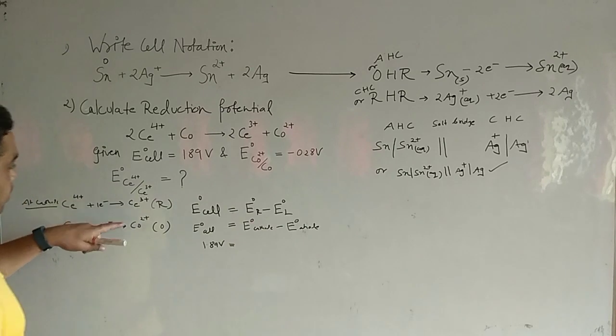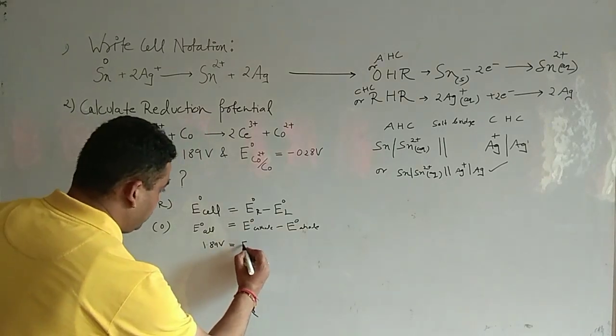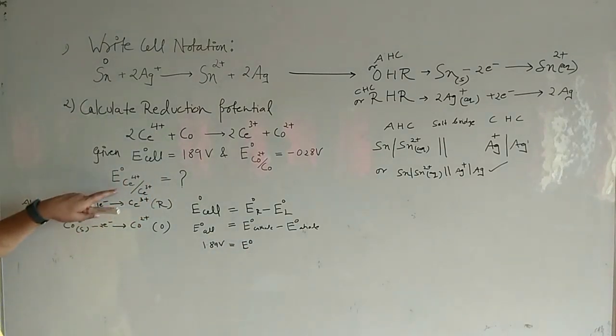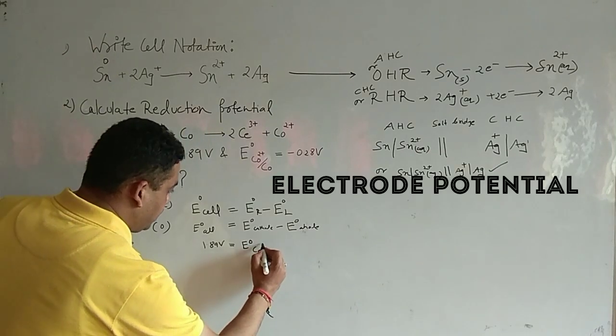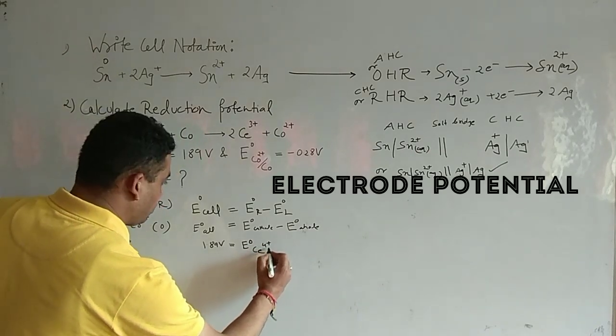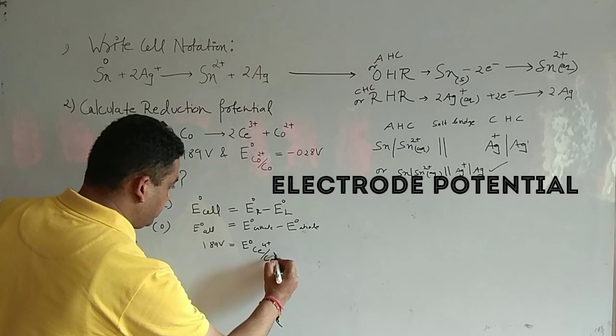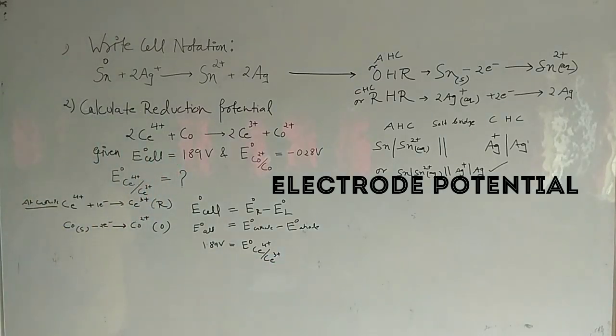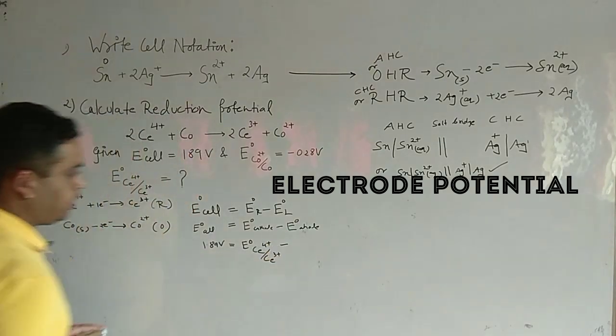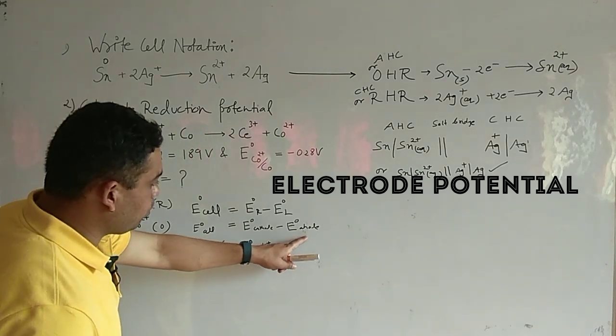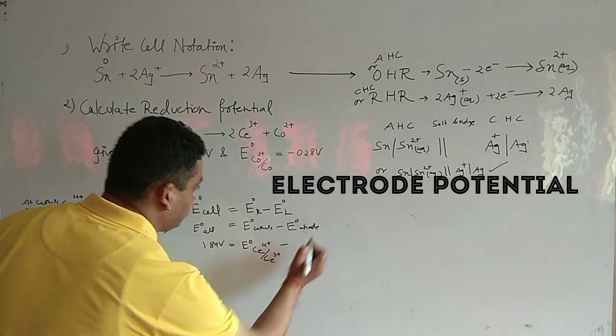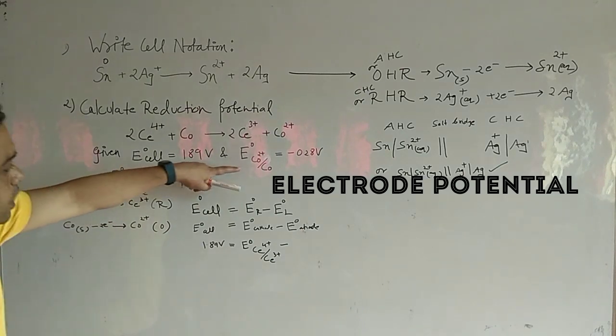So you will write this as E standard Ce4 positive by Ce3 positive minus E anode, and this is your anode, for cobalt.